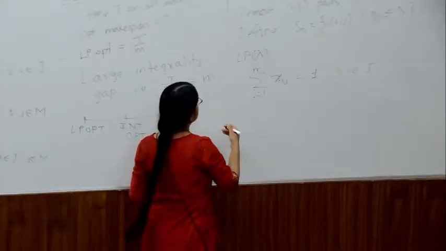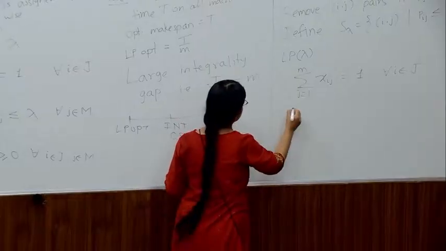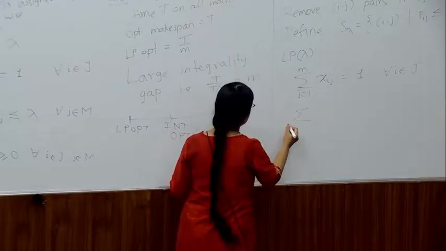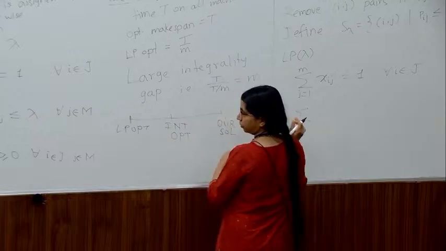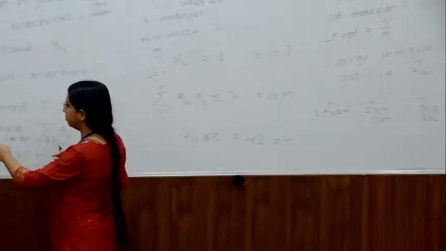Every job should be assigned to exactly one machine. And, okay, now I don't want to say i equal to 1 to n, I want to say i in S lambda.